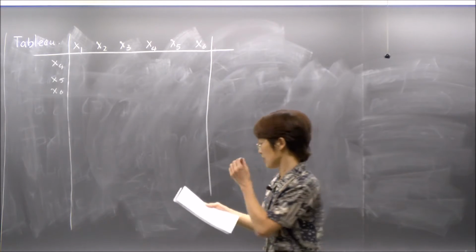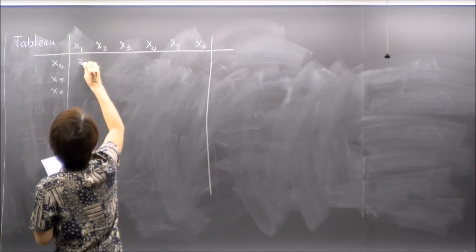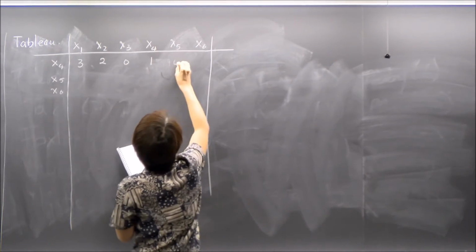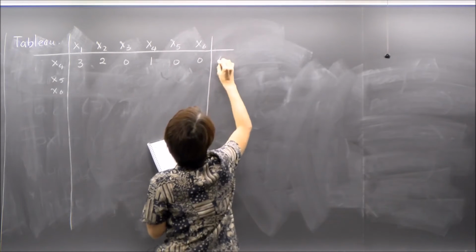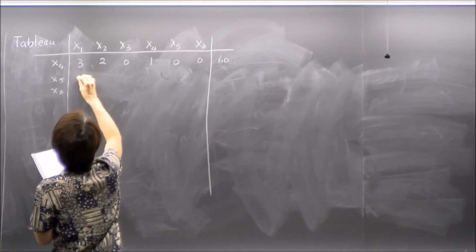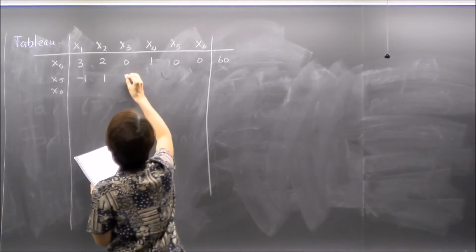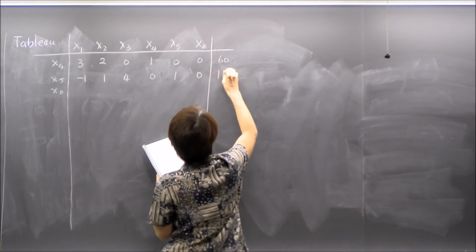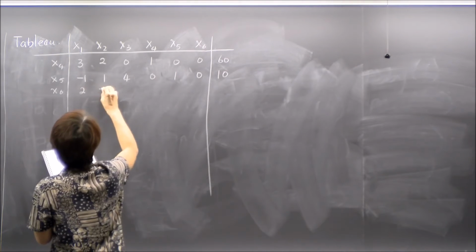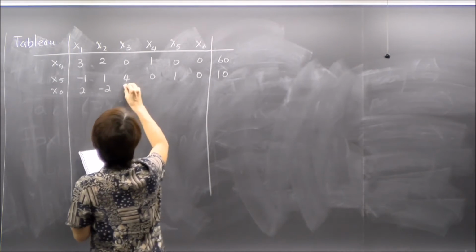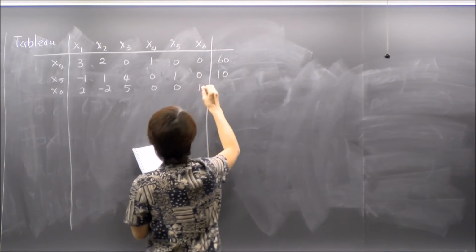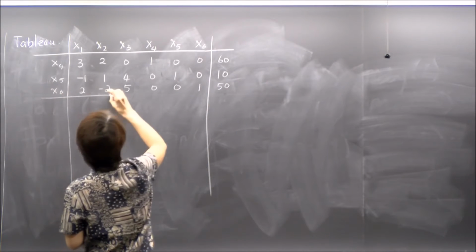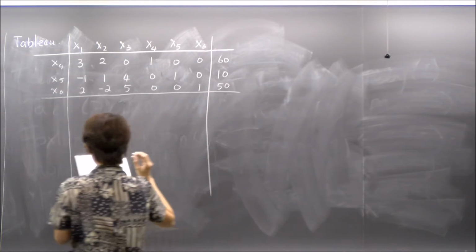Is that okay? So I'm going to put all the numbers in. So I have 3, 2, 0, 1, 0, 0, 60, then -1, 1, 4, 0, 1, 0, 10, and 2, -2, 5, 0, 0, 1, 50. So I draw a line to say that the constraints are finished.